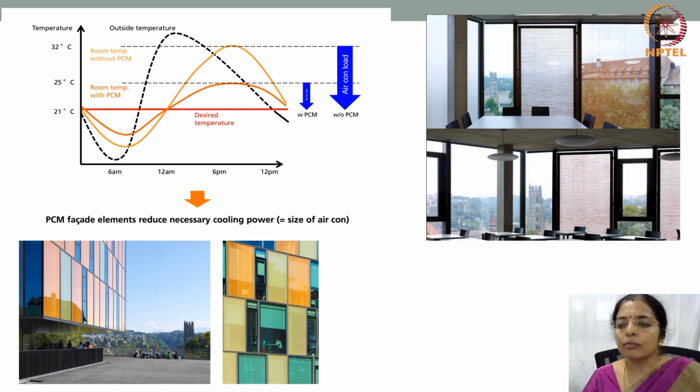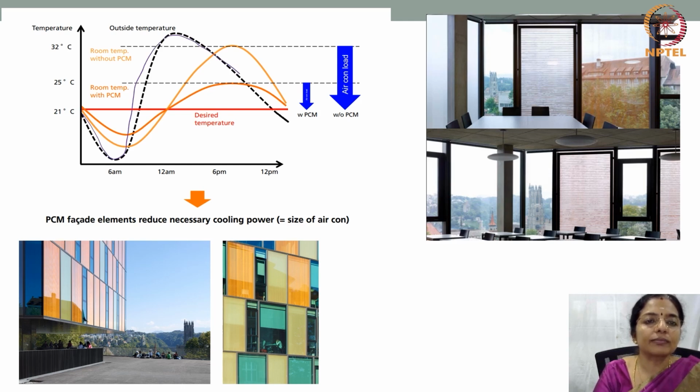So how did it finally look? You can see in this graph, this is the outside temperature, which is about 34 degrees centigrade.